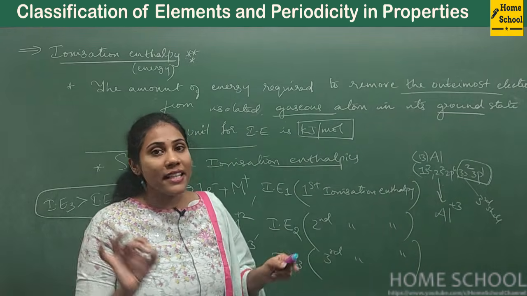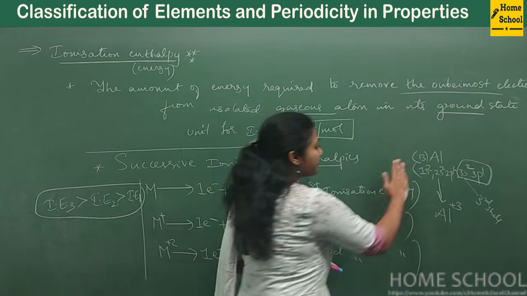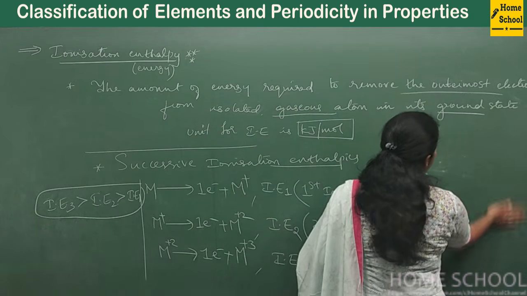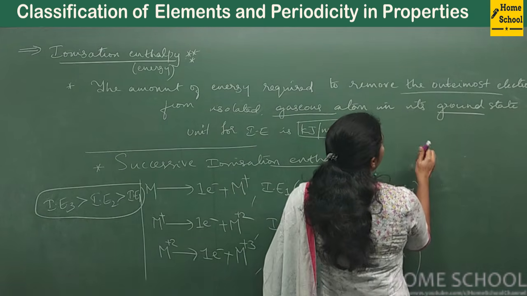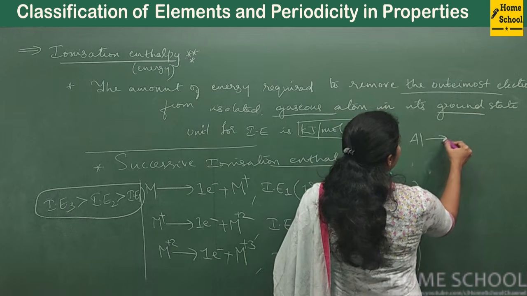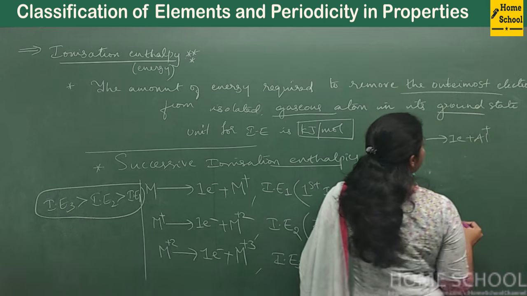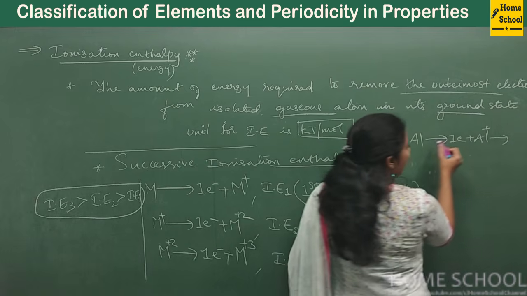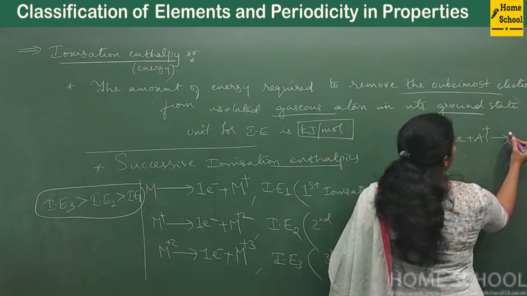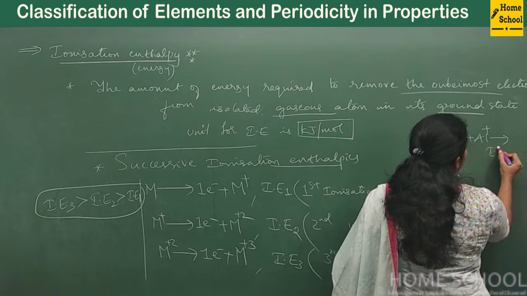One example I can show you here. The same aluminium I will take. I am removing one electron from aluminium and you get aluminium plus. The energy required for this step we call IE1.